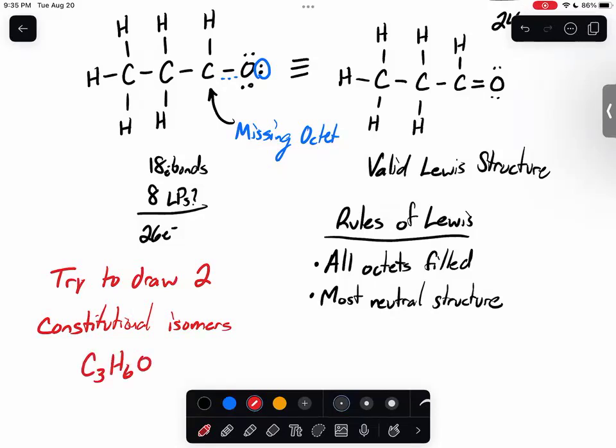And you cannot use the one that we have drawn up here. I highly recommend taking the time to try and draw two constitutional isomers, not including that one. If you're able to do that, you're doing pretty good. So that's my recommendation as we move on to the second part of this, which is formal charge.